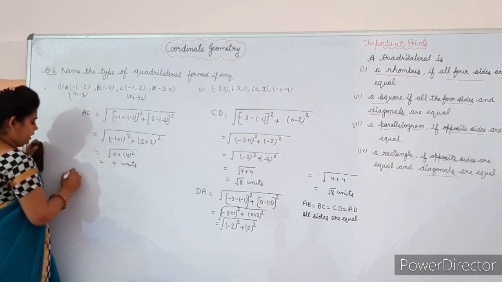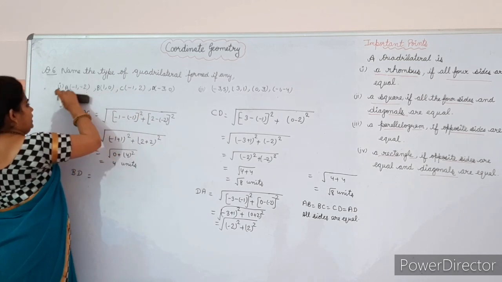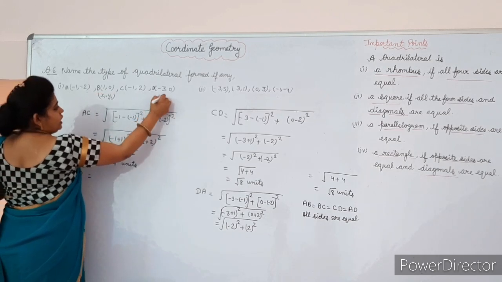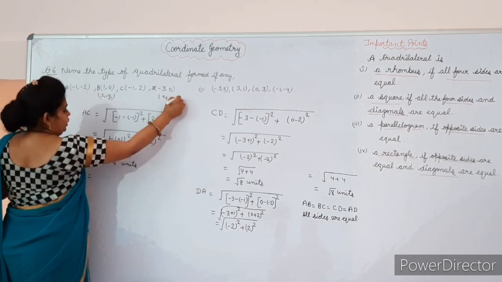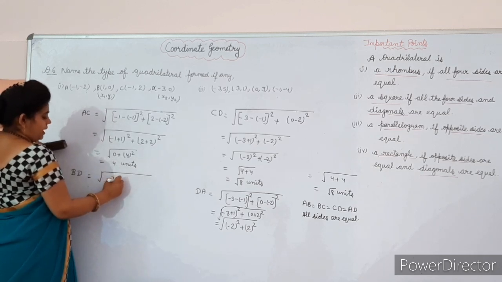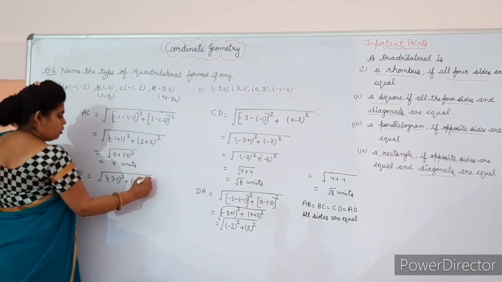Now we will calculate BD. Let for BD take it as x1, y1, x2, y2. Then BD will equal to minus 3 minus 1 whole square plus 0 minus 0 whole square.